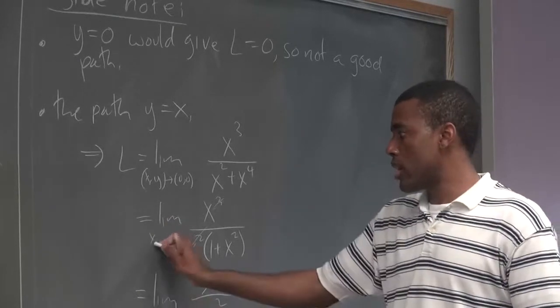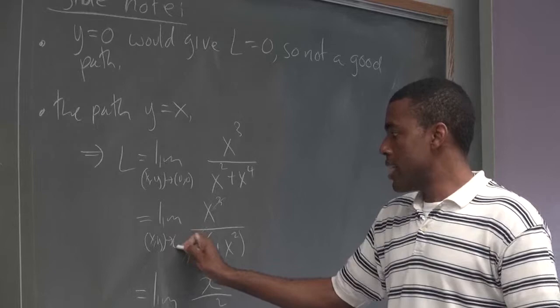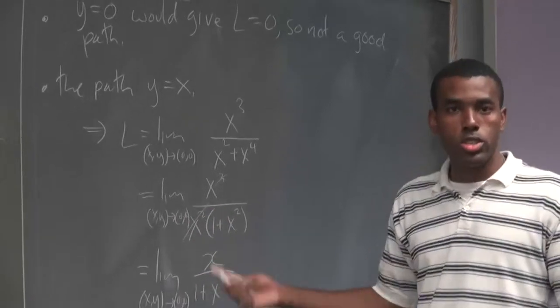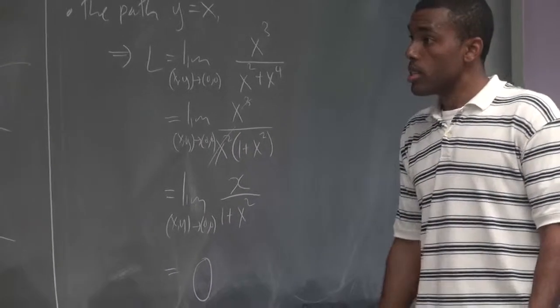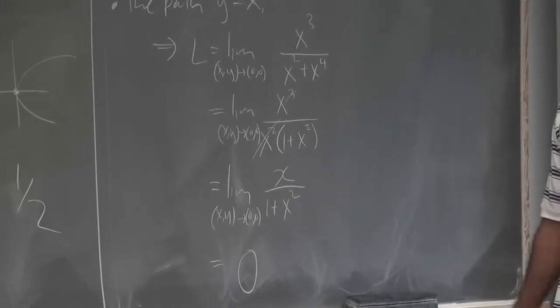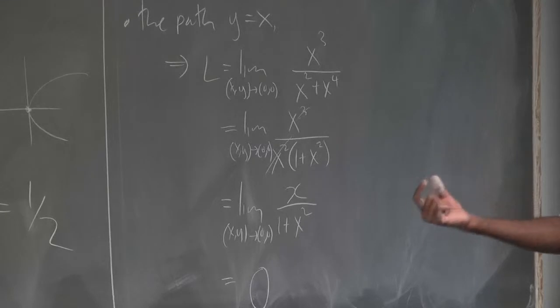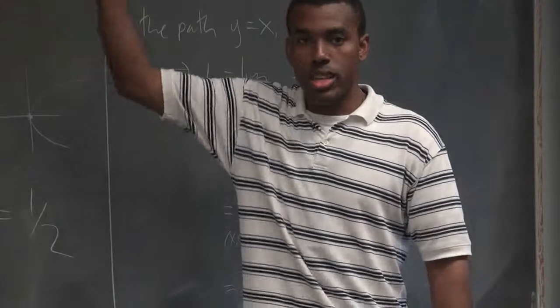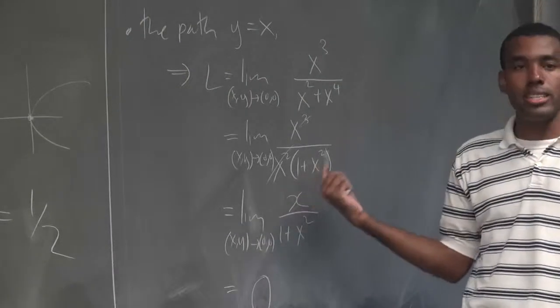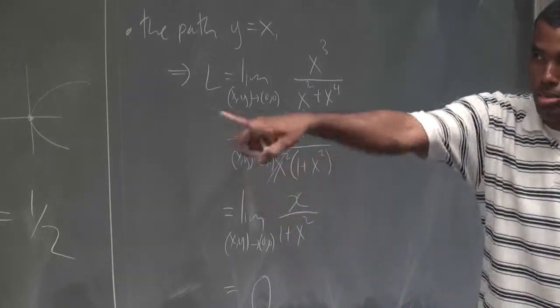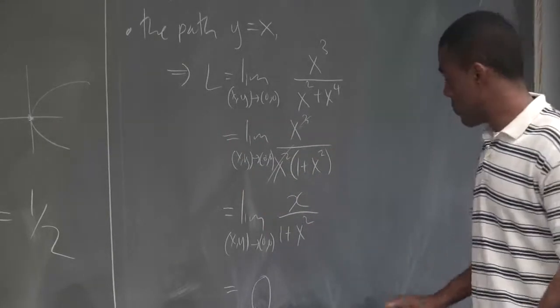It would just be 0 again, which would give you the same answer. So in this case, x equals y was also not a good path to choose. You'd have just gotten 0 again, which doesn't help you prove that it doesn't exist. It's always best to choose a path to combine things so that things could cancel out and you don't have something like this happen. That's why that last bullet point is important.